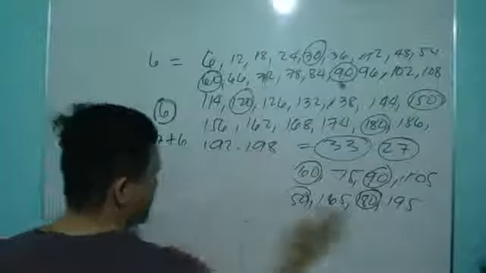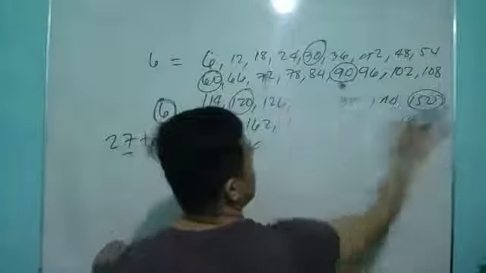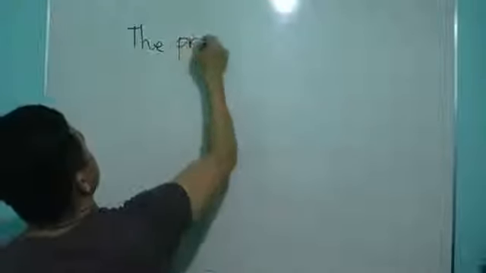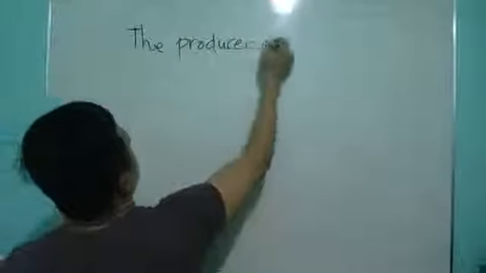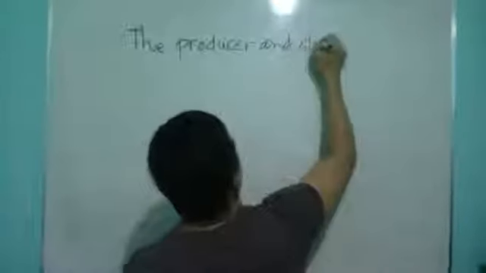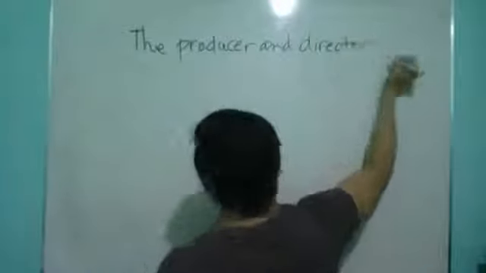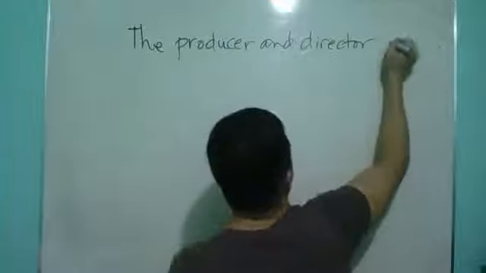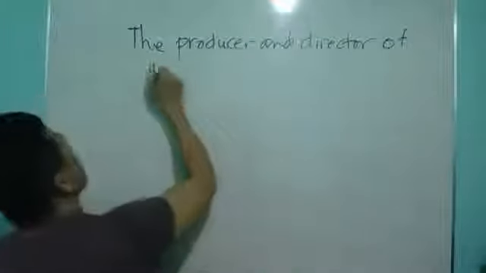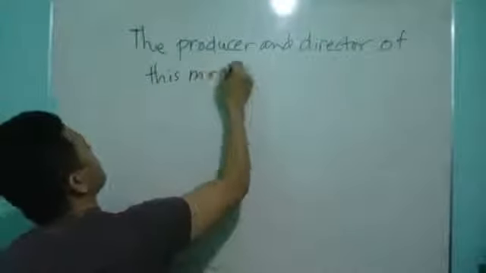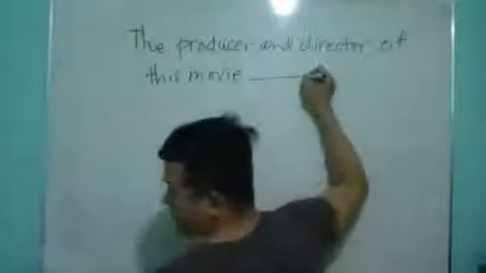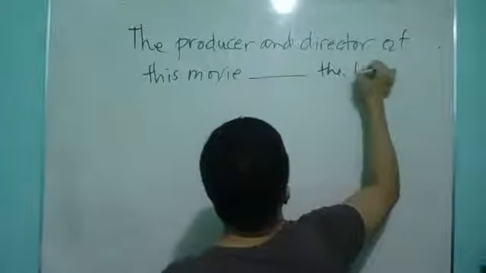There was really a controversy when I posted this question in one of the review groups, because I also post questions in review groups. The producer and director of this movie blank the best.